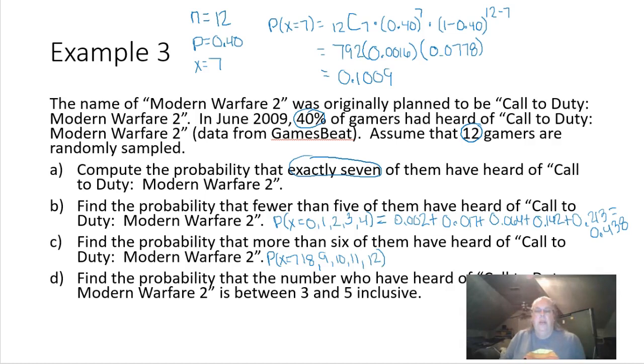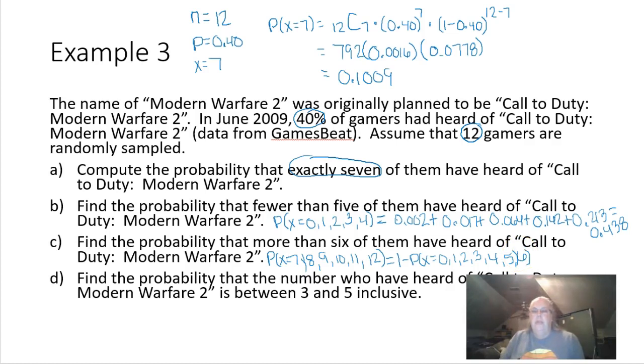And so we may want to use our complement on this, which would be 1 minus the probability of 0, 1, 2, 3, 4, or 5 having heard of it. We should have put the 6 in here. Well, it says more than 6, so we need to put the 6 in here. Okay, let's put that 6 in right there.